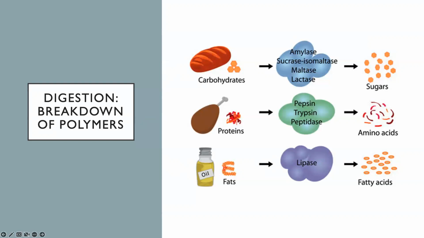Lipids, they don't form polymers, but we can think about triacylglycerols. We will call the monomers fatty acids and glycerols, and those are going to be linked by ester bonds that are then broken by lipases. And then you can also have polysaccharides, for example, amylose or amylopectin, and these monomers are going to be linked by glycosidic bonds, and they're going to be broken down by amylase, which is going to help start that process.